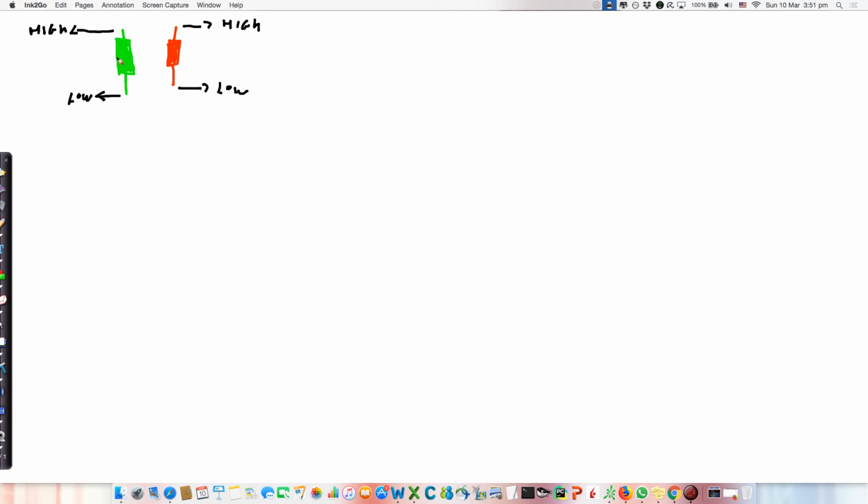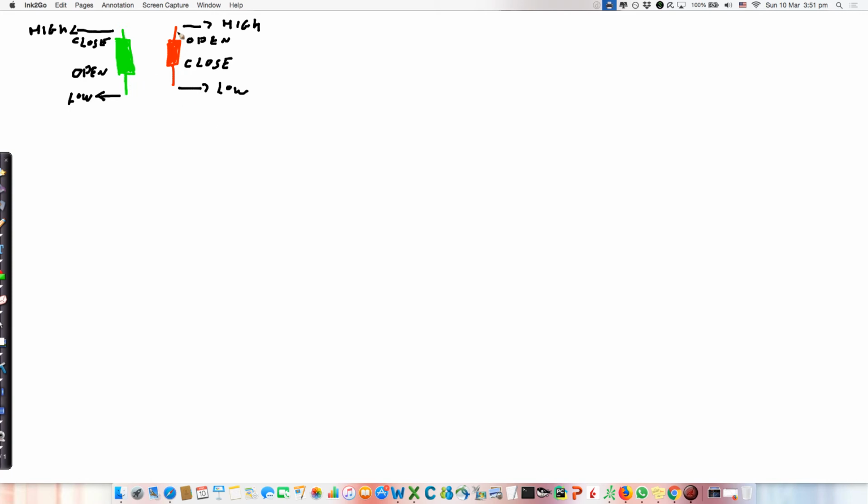The difference is in the body, because when we have this green candle, this is the open and this is the close. When we have the red one, this is the open and this is the close. So what does it mean?